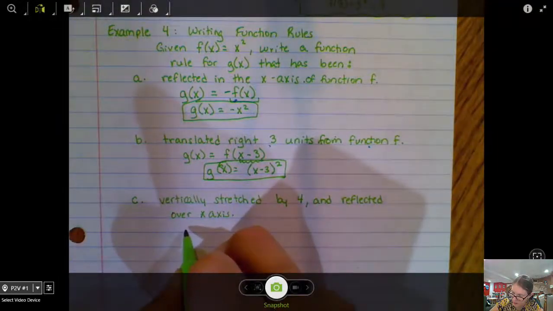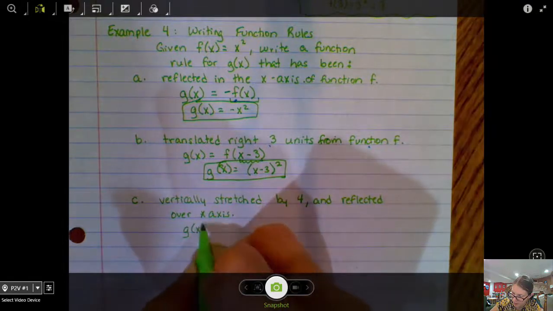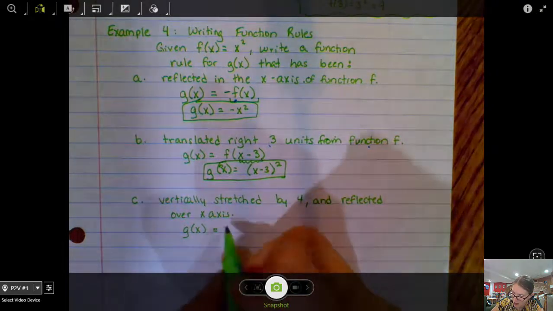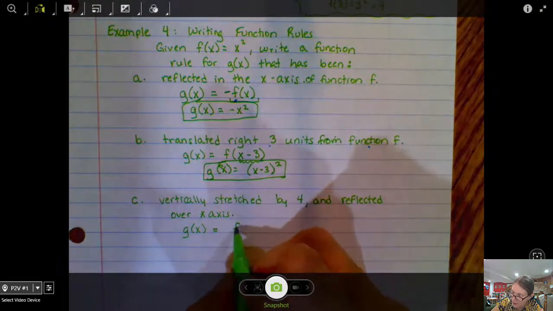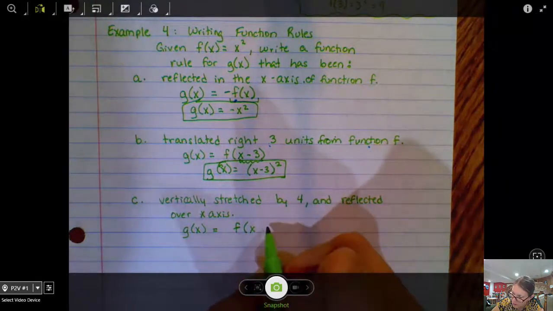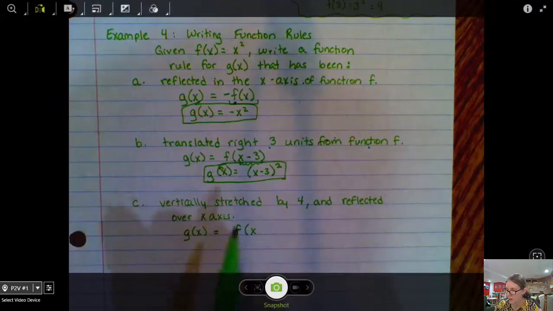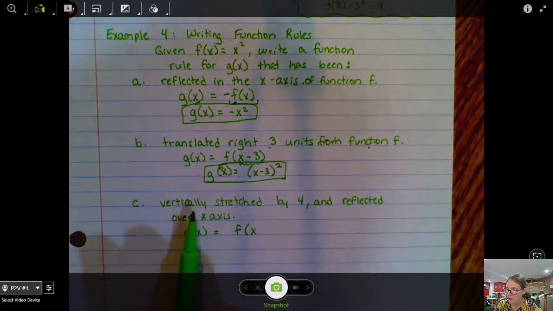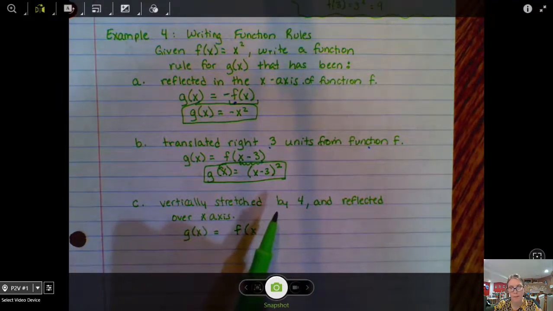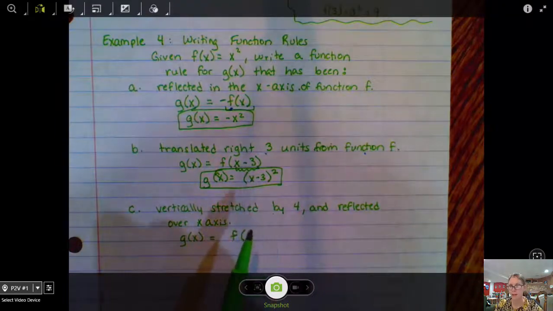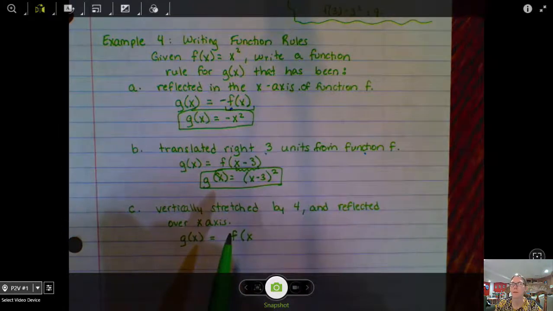All right, so we have g of x again, and it's somehow related to f of x. We need to figure out how. So I'll start with this. We have a vertical stretch of 4. Vertical is happening on the outside. Our vertical stretch, do we want to add 4 or multiply by 4?